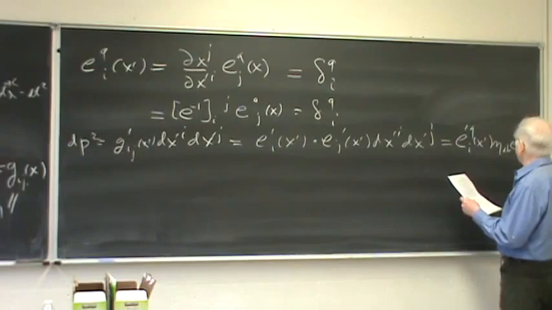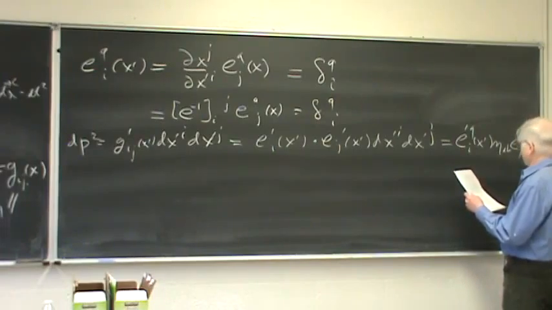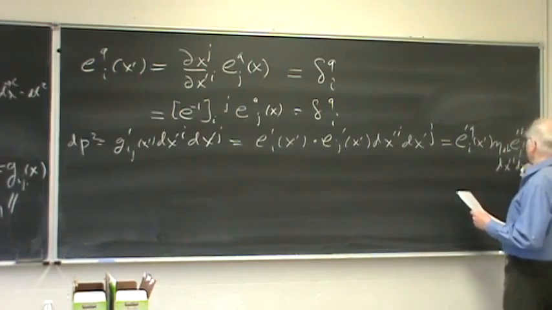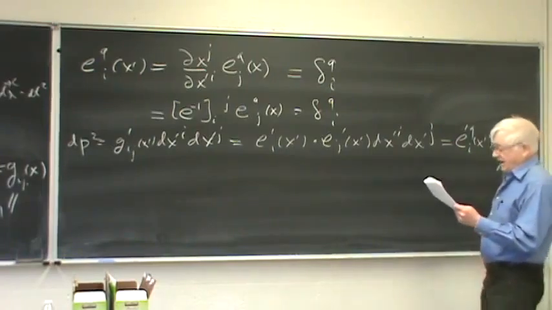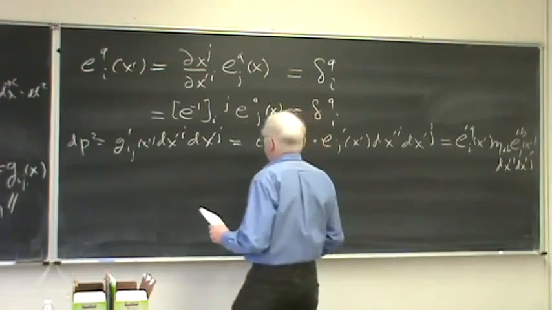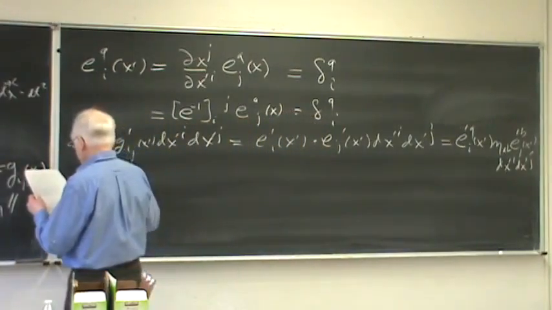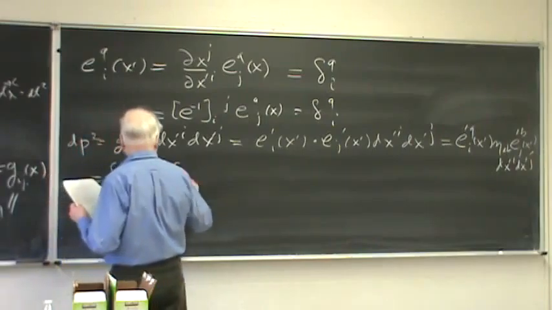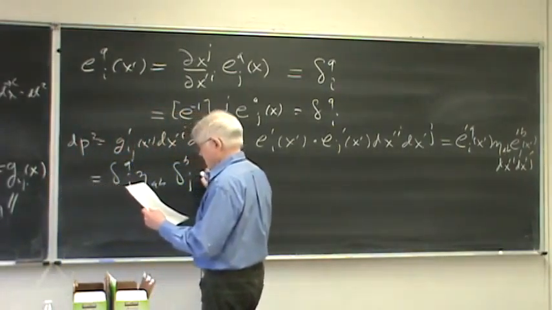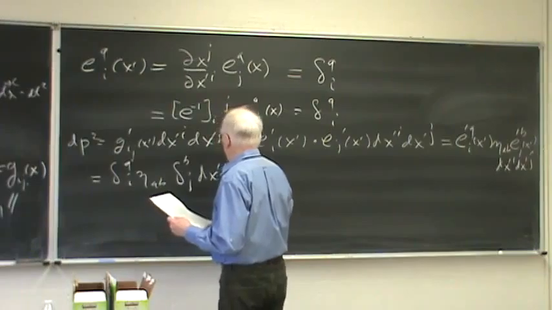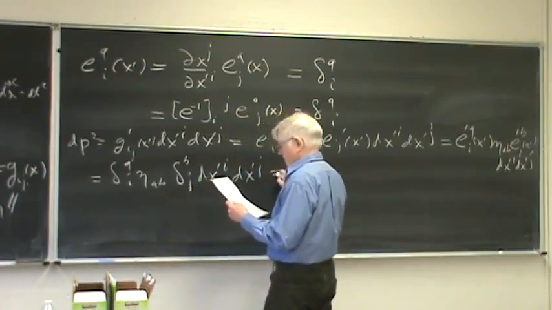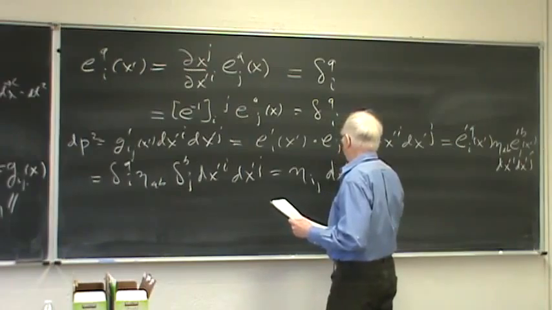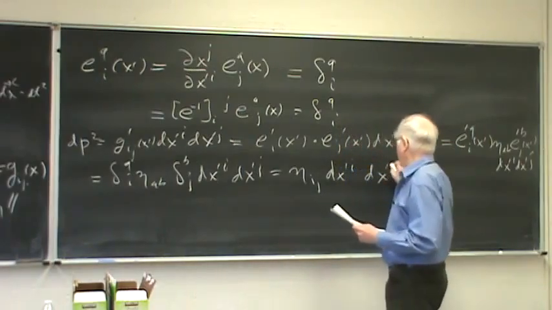E prime b j of x prime, again dx prime i dx prime j, and so this is then delta^a_i, eta ab, delta^b_j, dx prime i, dx prime j, and this is then eta ij, dx prime i, dx prime j.